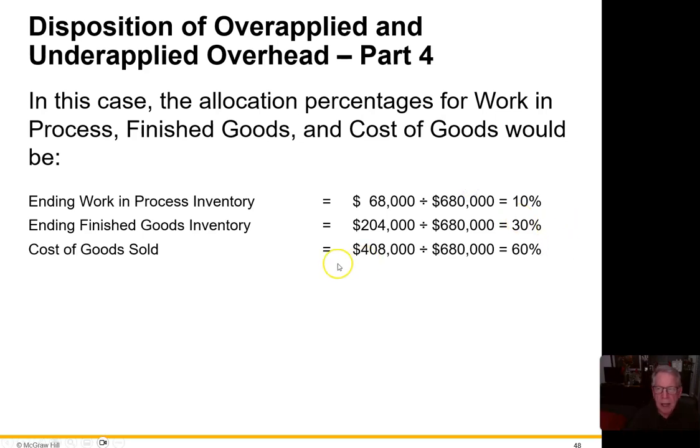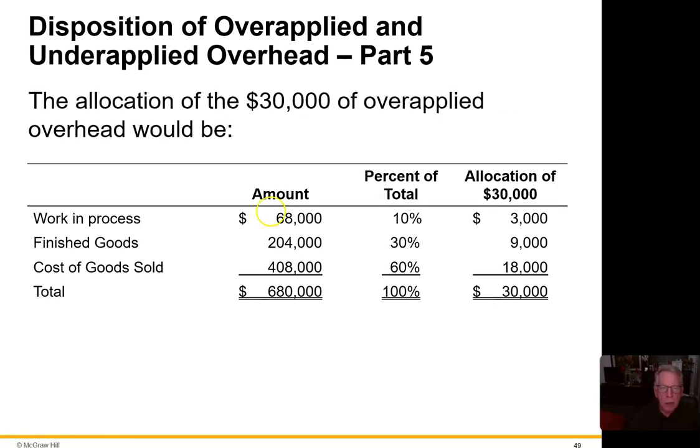Now we take the $30,000 that we want to apply and take 10% of the $30,000, 30% of the $30,000, and 60% of the $30,000 to get how much we're going to allocate to work in process, finished goods, and cost of goods sold. Okay, I think that's pretty clear. Hopefully you do too.